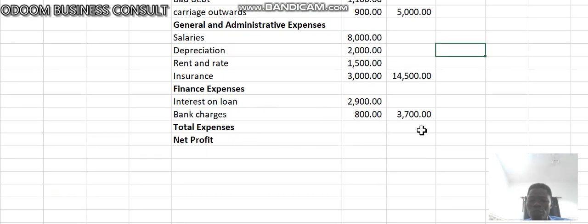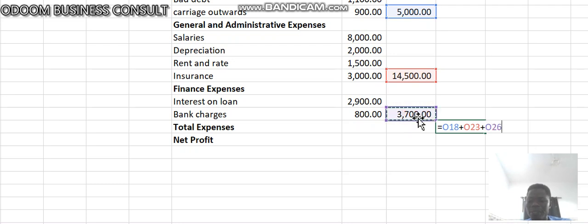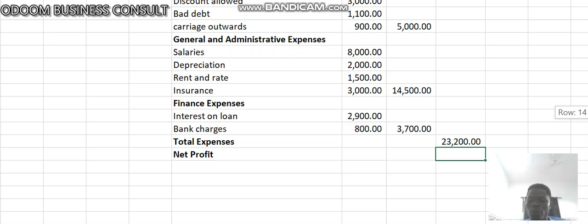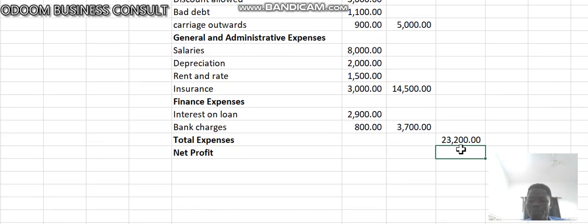So the total expense is going to be the selling and distribution added to the general and administrative expenses added to the finance expenses, which is 23,200. That is the total expenses that we incurred for the year or for the period.